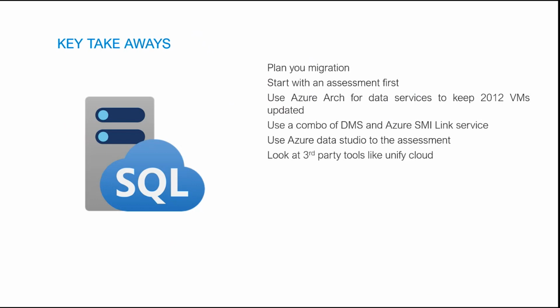It's going to bring down the time that you have to do it. And you can also use Azure Data Studio just to do a quick assessment. Otherwise, you can use a third-party tool like Unified Cloud. That's also built in as an option under tools in Azure Migrate. Then you just link it to your subscription and it will help you build a business case and all that good stuff as to why you need to migrate to the cloud, to Azure Managed Instance.